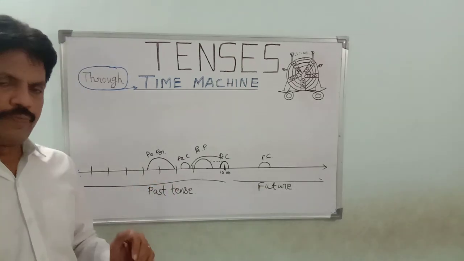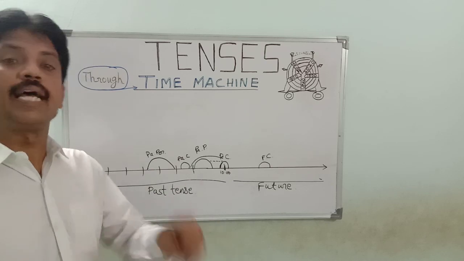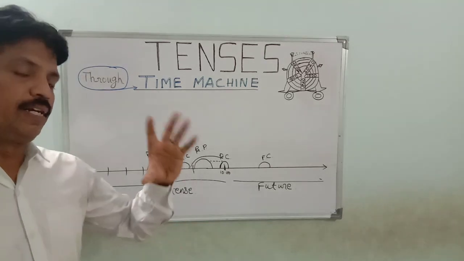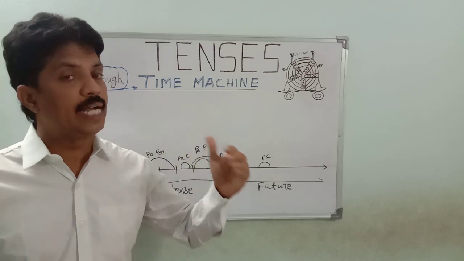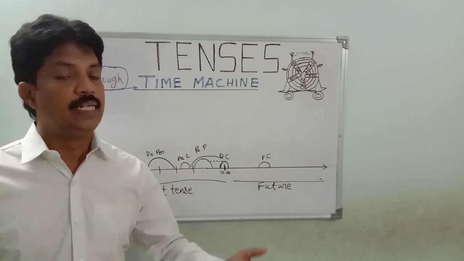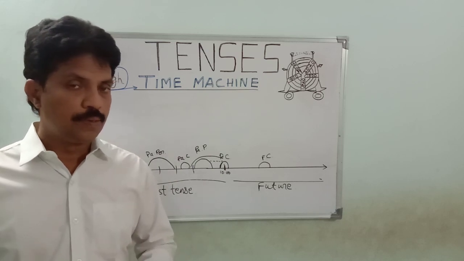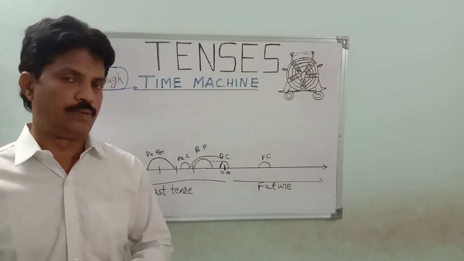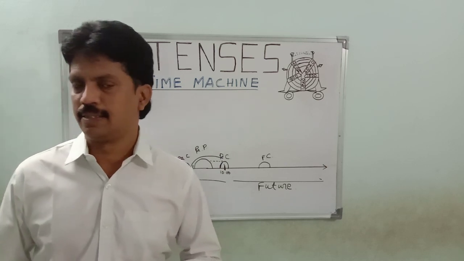What is past perfect? An action which happened before another action in the past. So when we combine two past actions in one sentence, the first action should be in past perfect, the second action should be in past tense. We cannot use past perfect tense alone. It will create some confusion in the minds of the listeners.